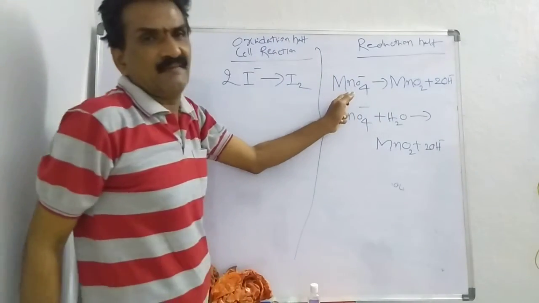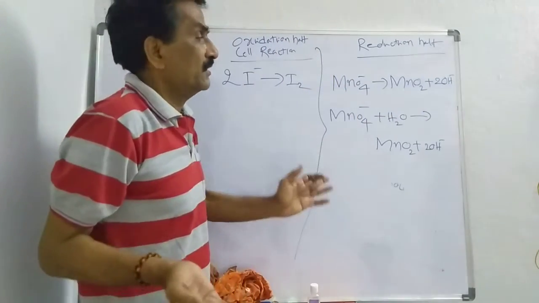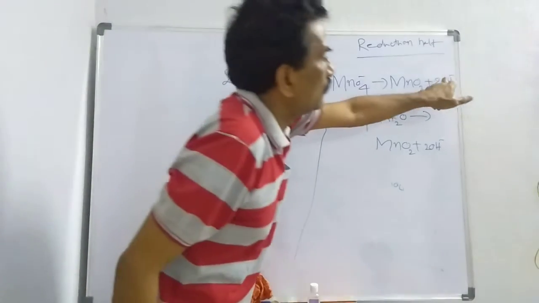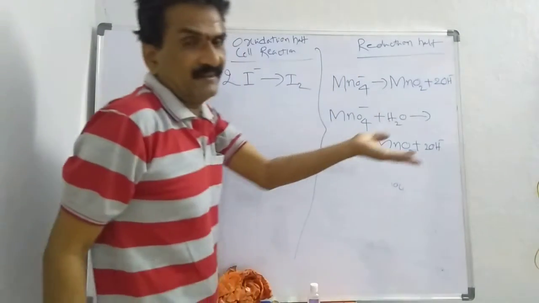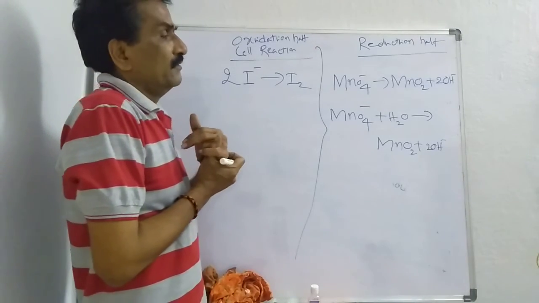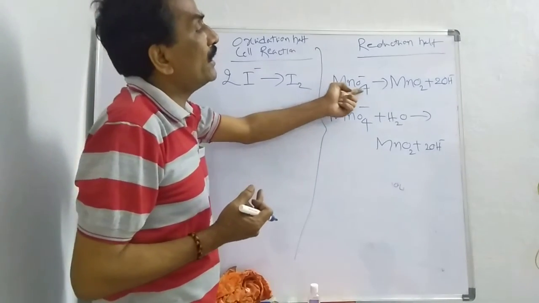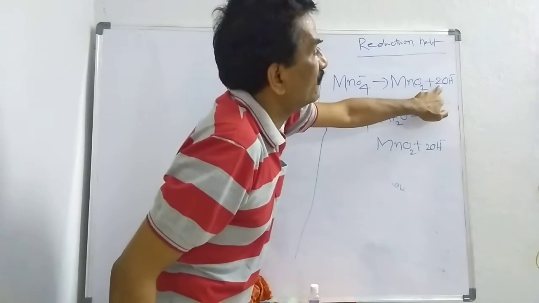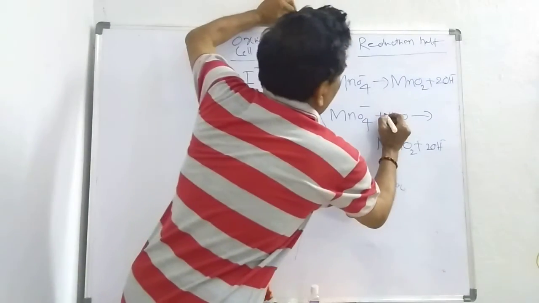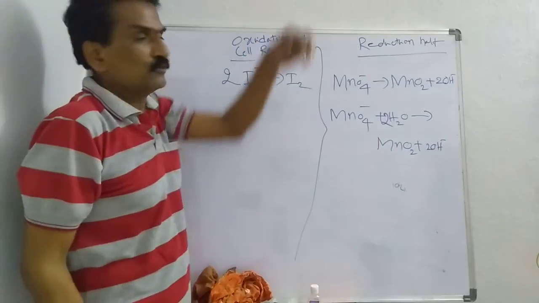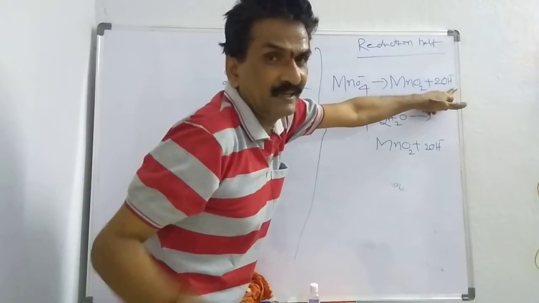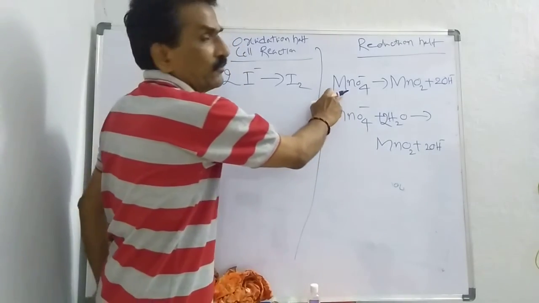Left hand side there is no H. There are 2 H's in the right hand side. To balance hydrogen, how many H's are there? 2 H's are there. So we are going to add 2 H2O molecules on the left hand side.